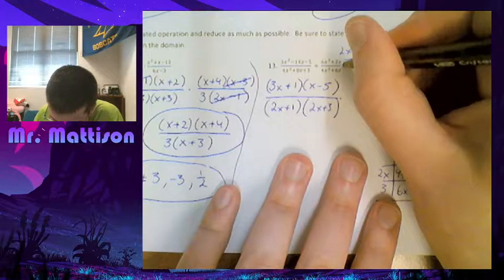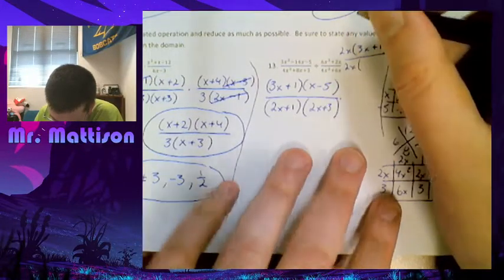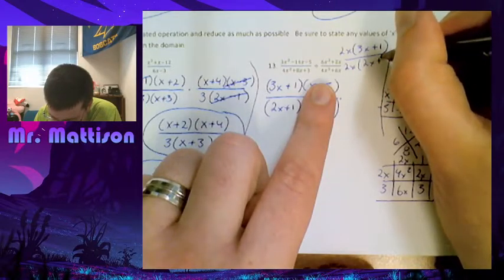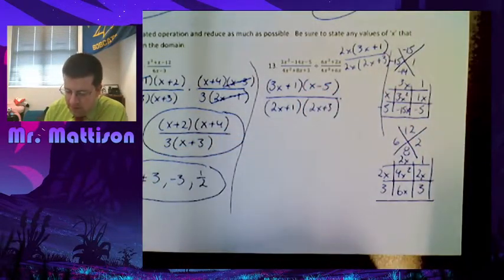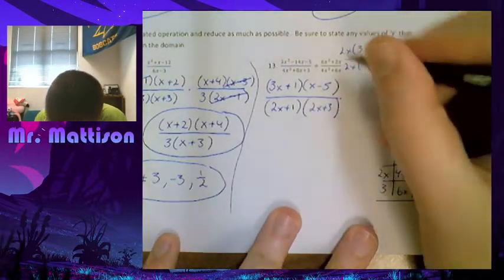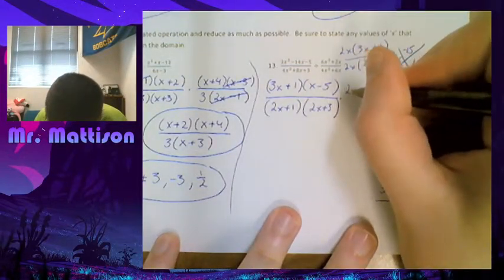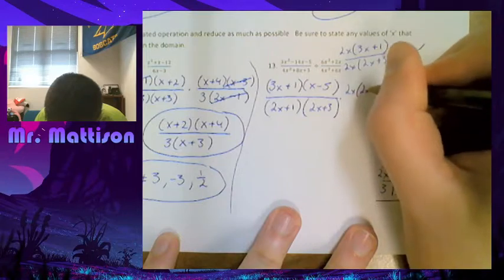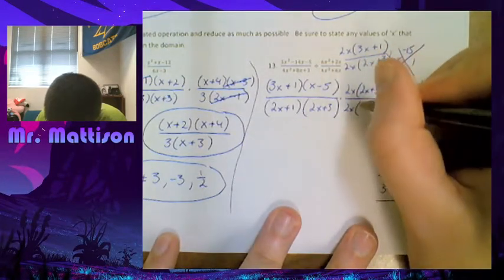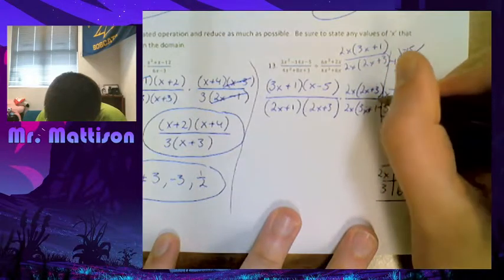That would be 2x(2x + 3), right? But then I have to flip those to make it multiplication, so it would be times 2x(2x + 3) over 2x(3x + 1).